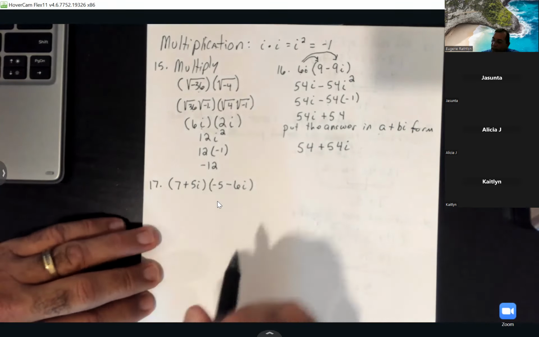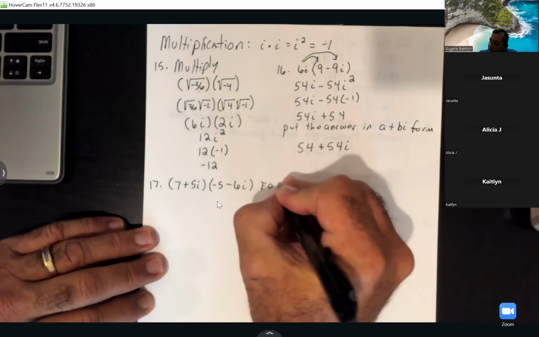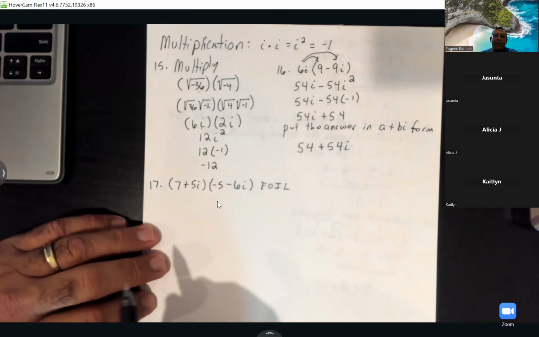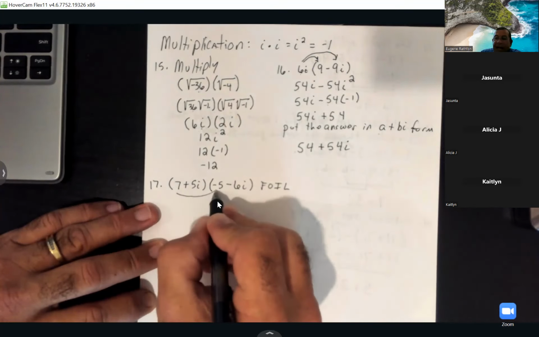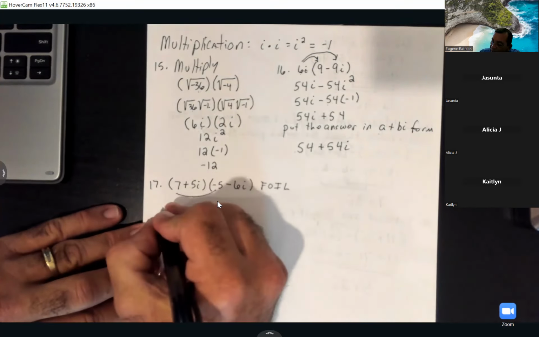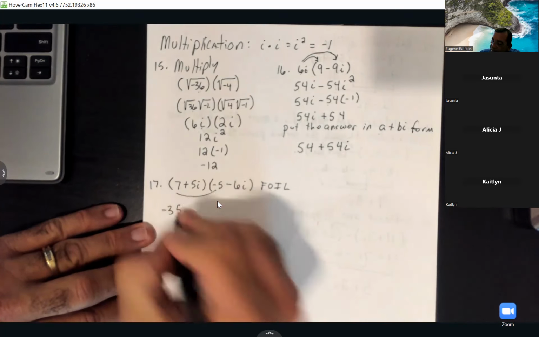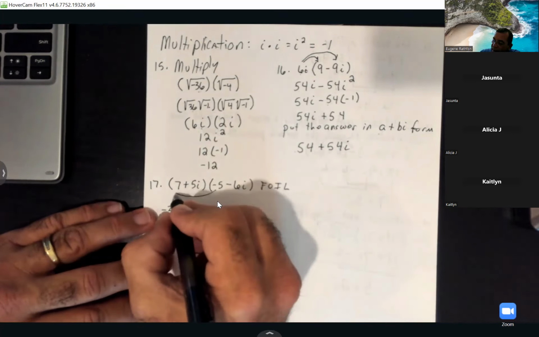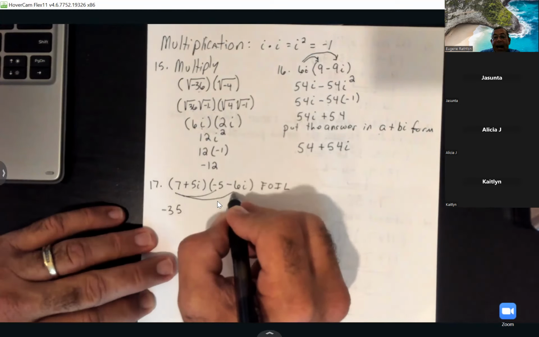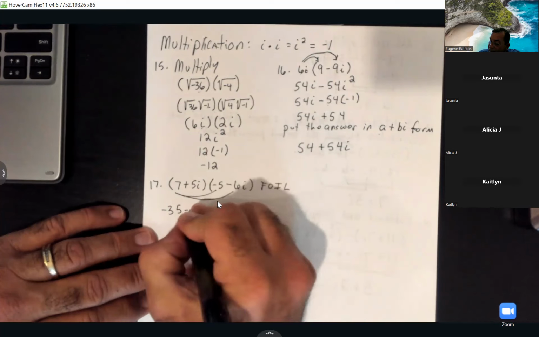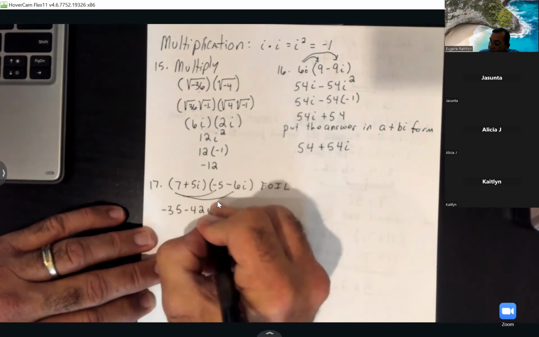So remember, foiling. So I'm going to FOIL this. So that means I got to multiply 4 things. So the 7 times negative 5 gives me a negative 35. That 7 times negative 6i gives us a negative 42i.